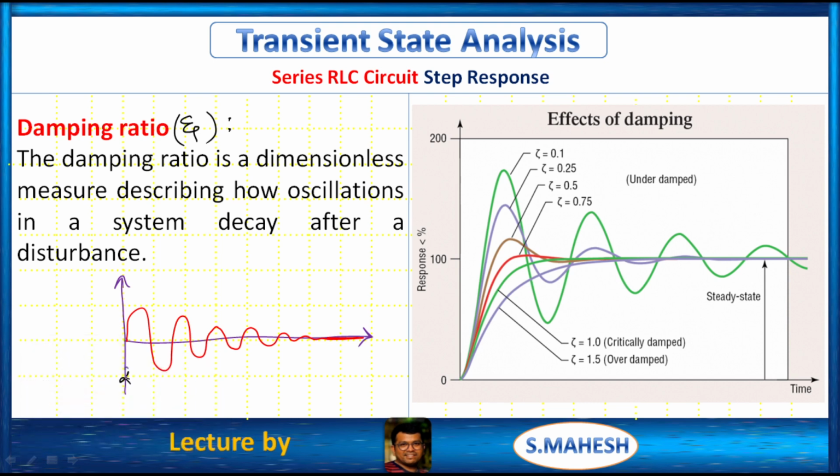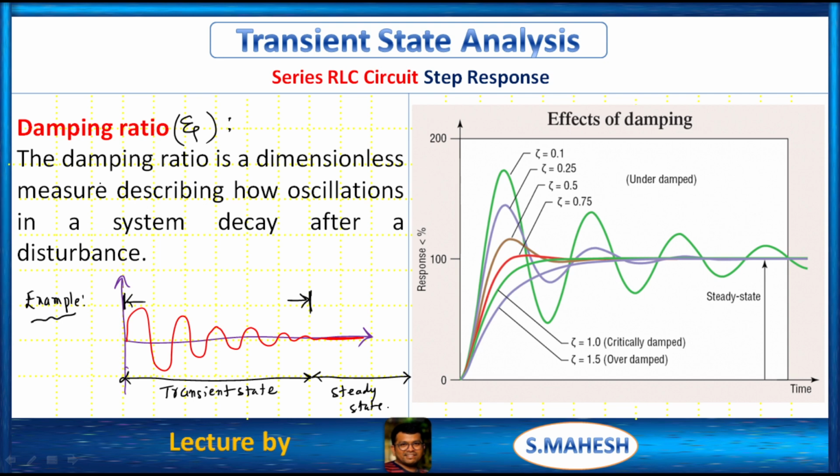See, from here to here, like that, up to infinite. So from here to here is what? Transient state, right? Because the system is not under steady state, we are going to get oscillations in the system. That state is nothing but transient state. This is steady state. This is example only.